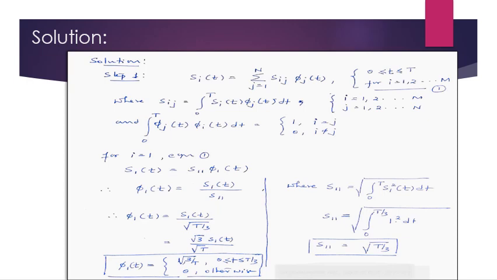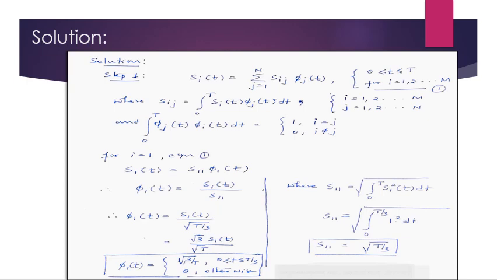Therefore, Sij equals the integration from 0 to T of Si of t into phi j of t dt, where i equals 1, 2, 3 and so on up to M, and also j equals 1, 2, 3 and so on up to N, and also the integration from 0 to T of phi j of t into phi i of t equals 1 when i equals j and 0 when i is not equal to j. And this we already studied in Gram-Schmidt orthogonalization.